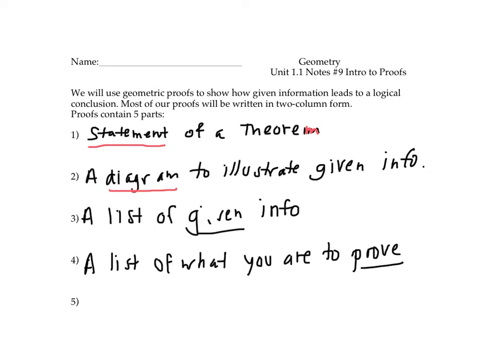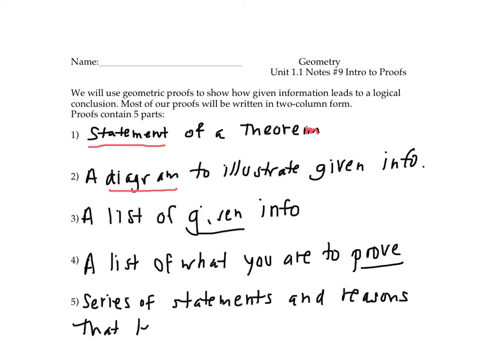And finally, what the proof actually is, the biggest part of the proof, is a series of steps, or we should say a series of statements and reasons that lead from the given information to what you are trying to prove.